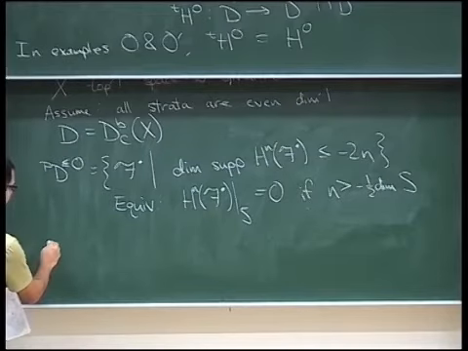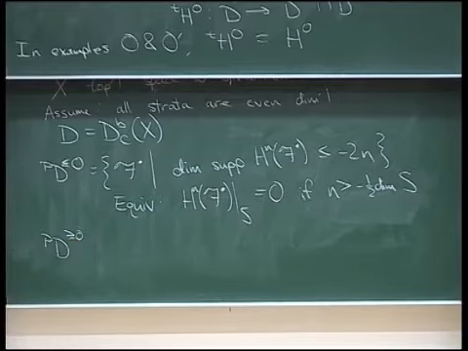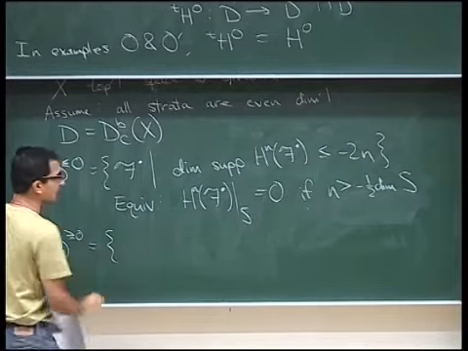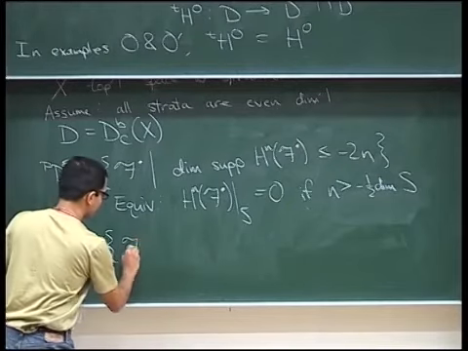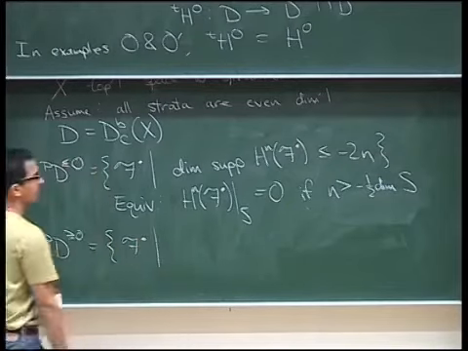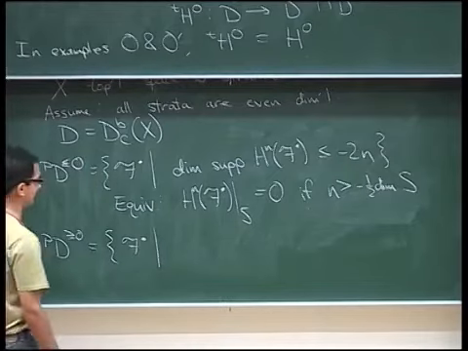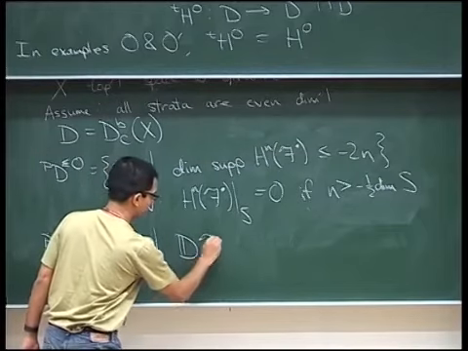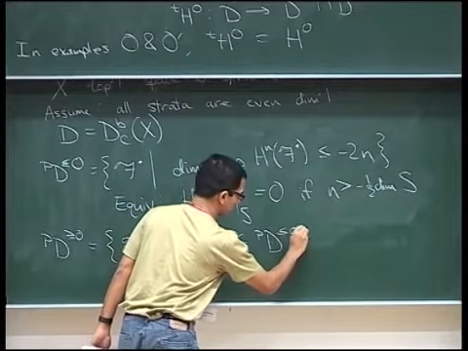And then the partner category that goes with it, the PD greater than or equal to 0. Well, it's possible to write down definitions of it that look more symmetric, but the easiest definition to write down is very far from looking symmetric. The definition of the greater than or equal to 0 category is that it consists of complexes whose Verdier dual is in the less than or equal to 0 category.